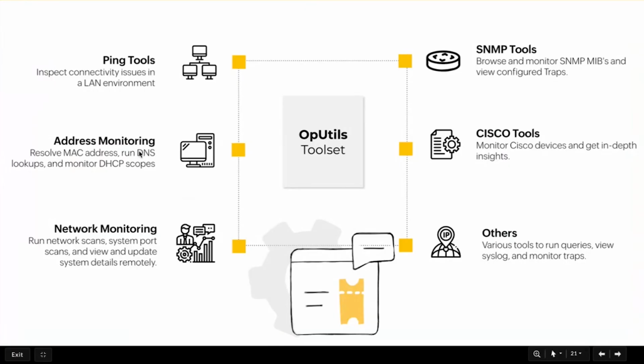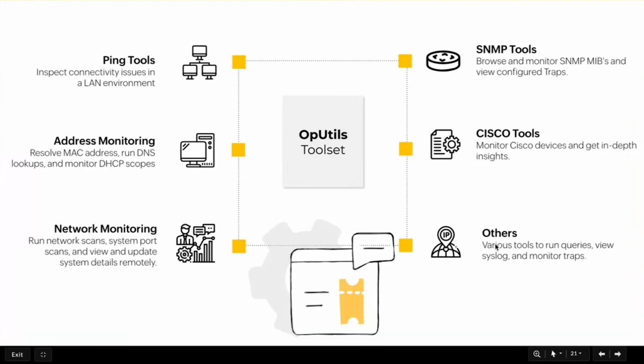OpUtils has network monitoring tools to run network scans, update system details, and gain insights about the network nodes. It also has SNMP tools like MIB browser to monitor SNMP devices, Cisco tools to monitor Cisco devices, and other networking tools to run queries, view syslogs, and monitor traps.